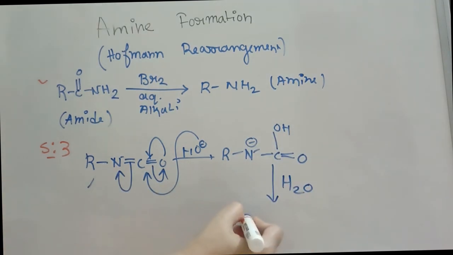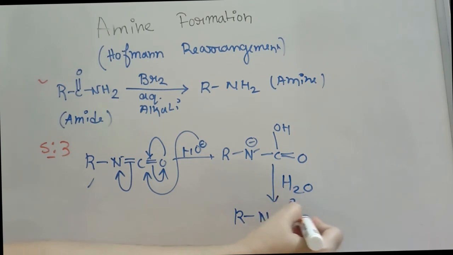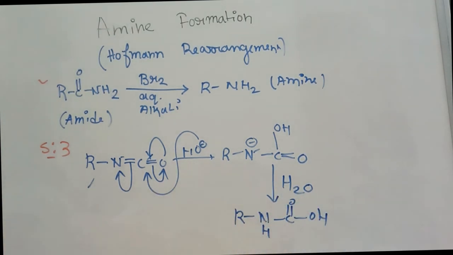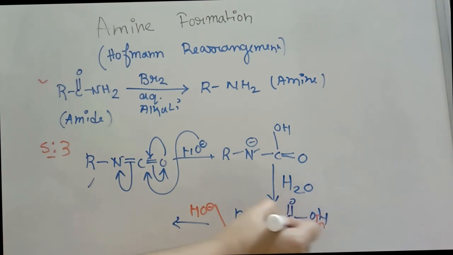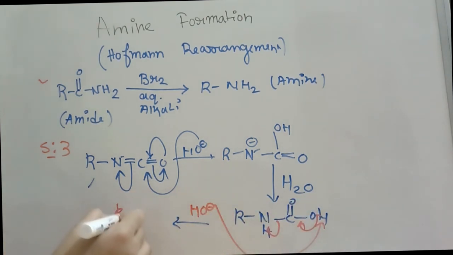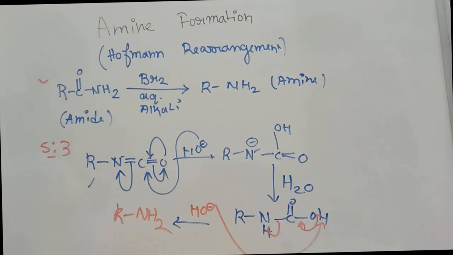It becomes RNH-C double bond O-OH, and in the medium base is present. So HO minus will come, decarboxylation will occur, and we will get our desired amine. So this is the whole reaction mechanism for the Hofmann rearrangement reaction.